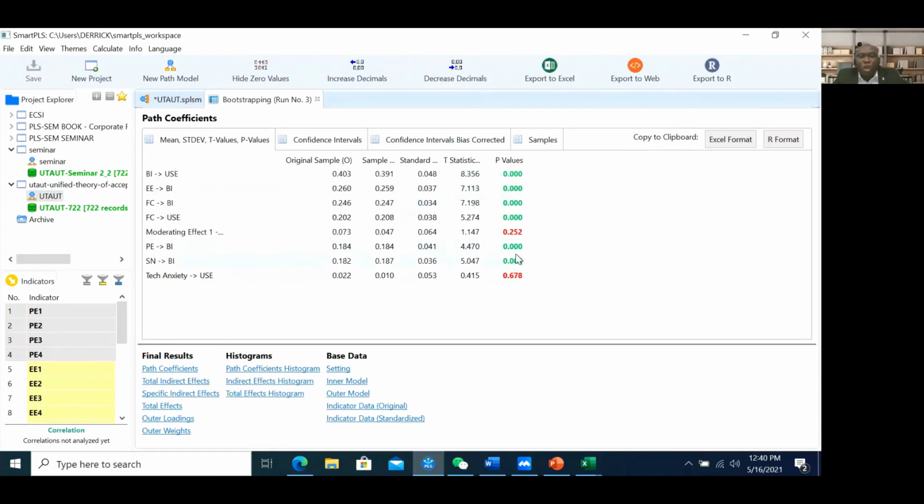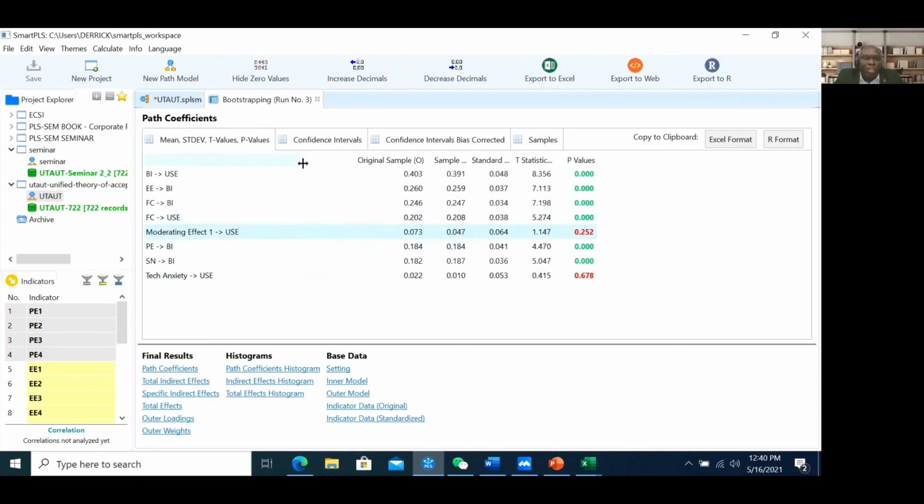Okay, good. So now this is the bootstrapping. So we're looking for the moderator variable. So you see moderator one to use. Okay. You see from this value, the p-value is above the threshold.